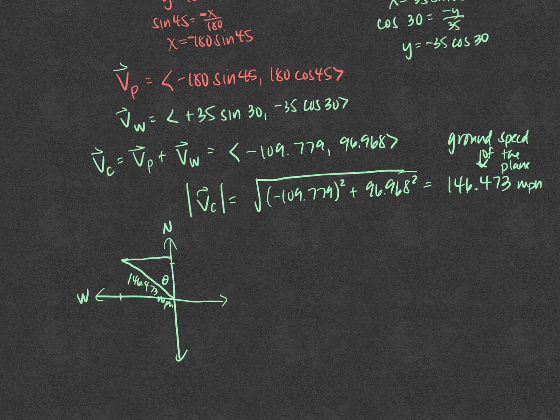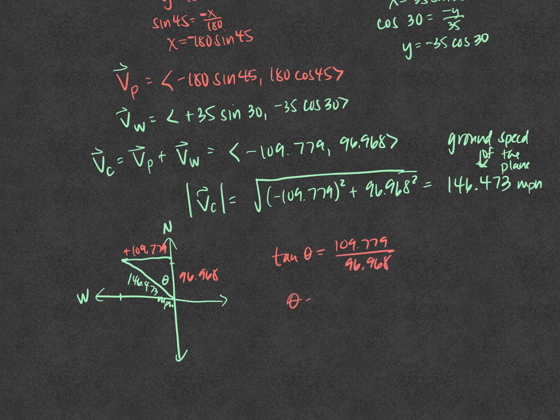So if we think about this triangle, the x is negative 109.779, and we don't really need the negative because it's an acute triangle, so we want a number less than 90. And then the height here is 96.968. So if we say tangent of theta equals opposite over adjacent, we have 109.779 over 96.968.